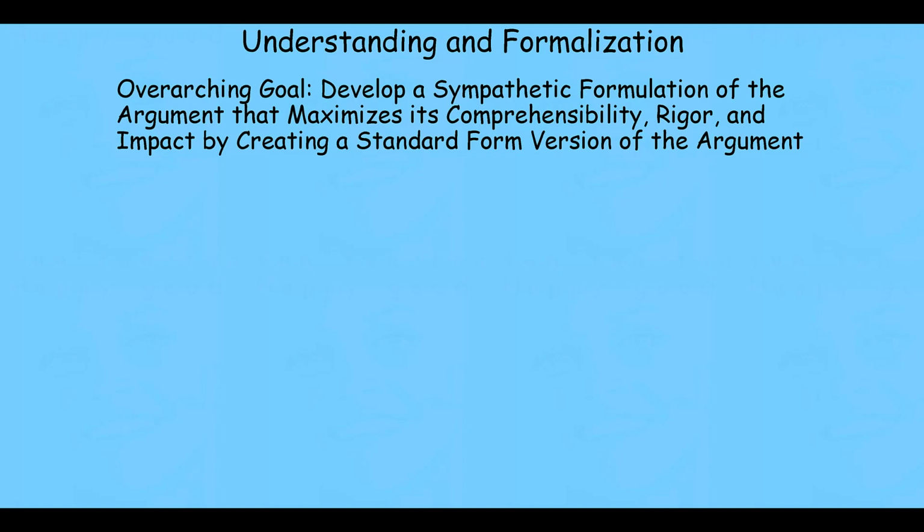We went on to note that a standard form version of the argument structures the individual component statements of the argument so that all of the premises appear first and the conclusion appears last. It further orders the premises within the argument to facilitate the consumer being able to identify the connections between ideas that mirror the underlying structure of the argument and that drive the transition from initial information to conclusion.